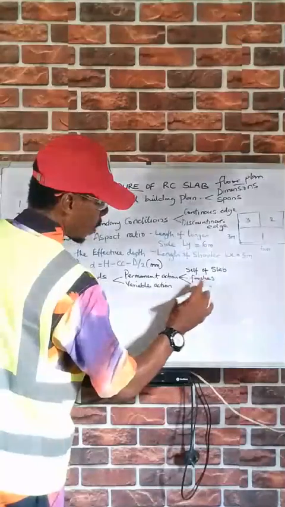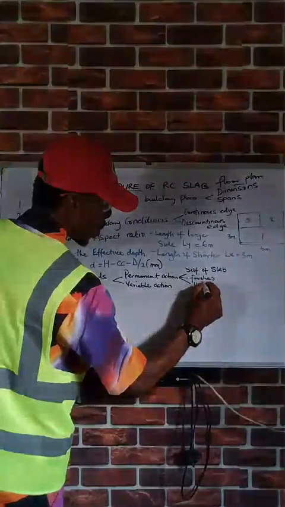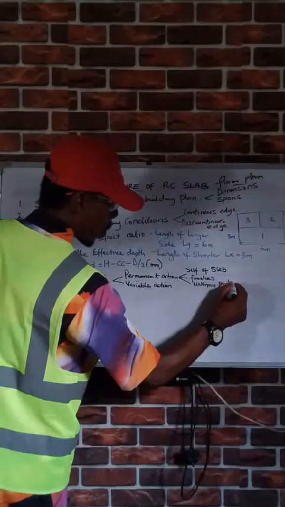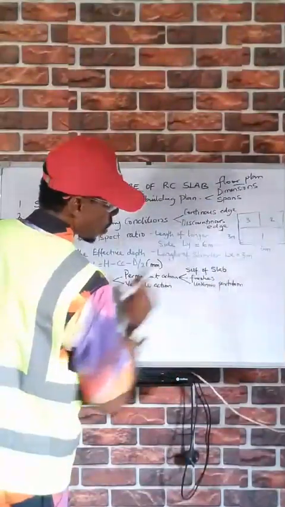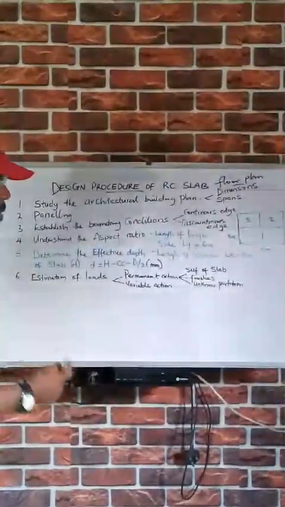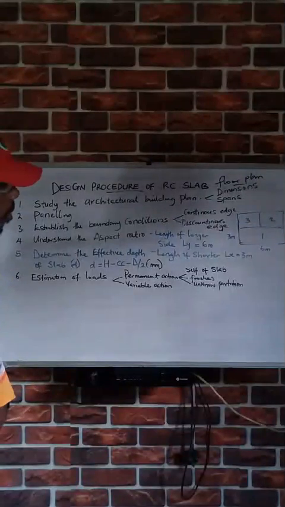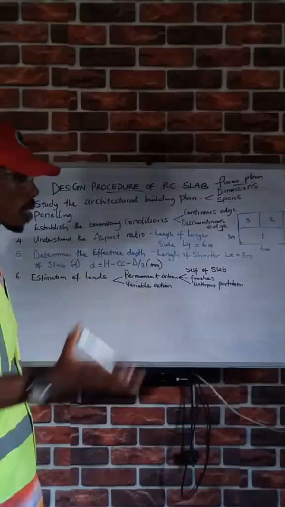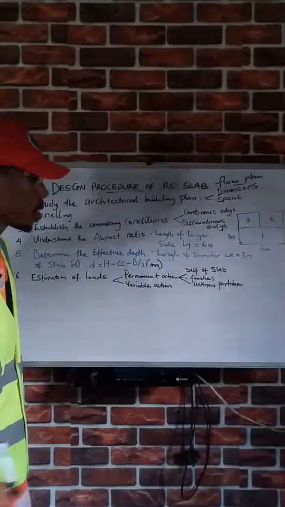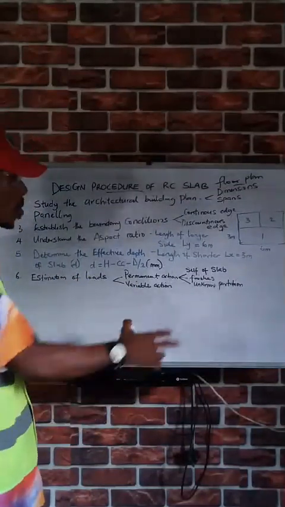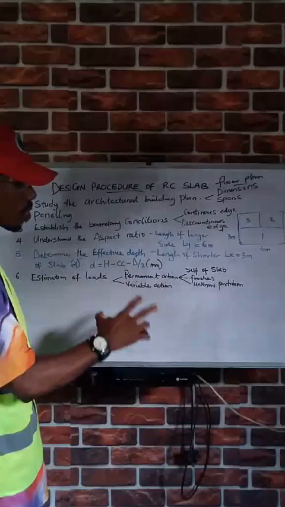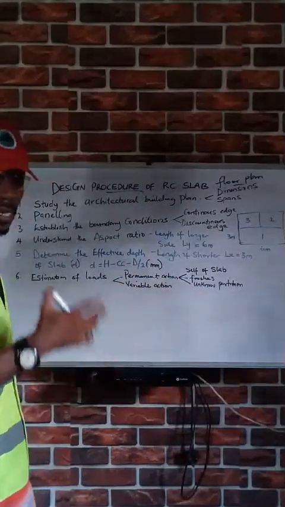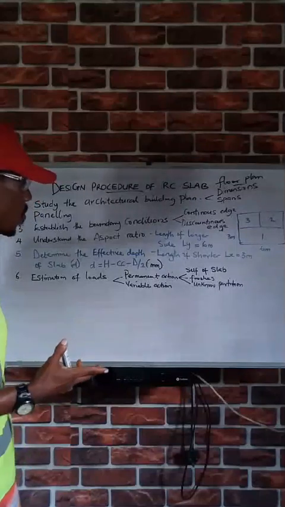You consider unknown partition allowance. The finishings in this context have to do with your terrazzo finishings, your tile finishings, and all of that. Those are under finishes. I just categorize them as finishings. The unknown partition, I discussed that in our previous class, so I believe you understand that.